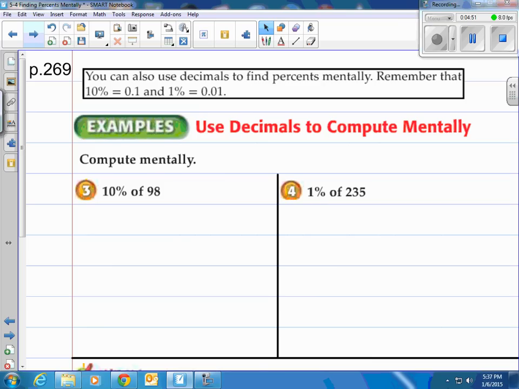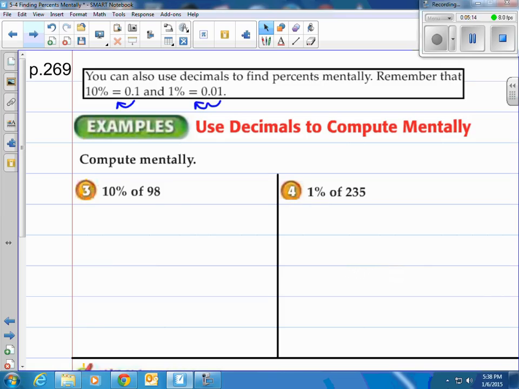All right, you can also use decimals to find percents mentally. Remember that 10% is 0.1, and 1% is 0.01. And really what that means is we're going to be moving the decimal one spot here, and in this case, we're going to be moving the decimal 2 spots.